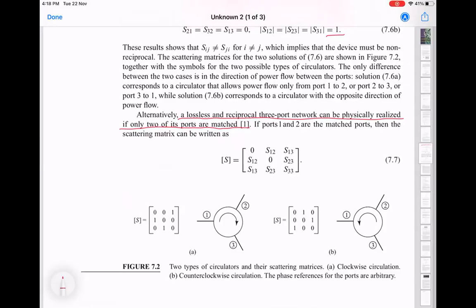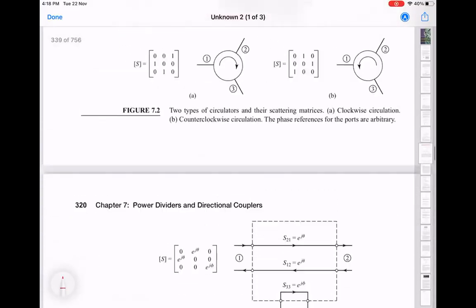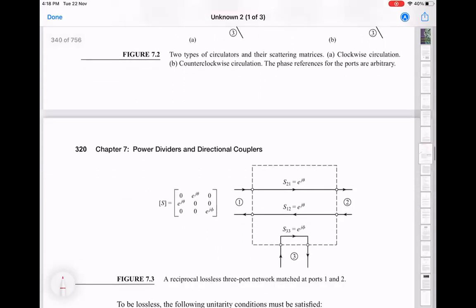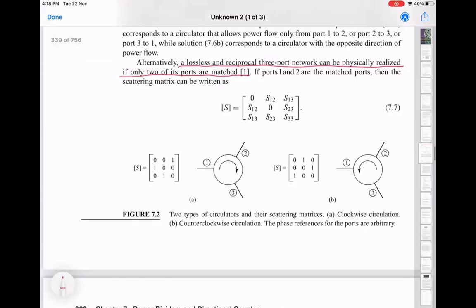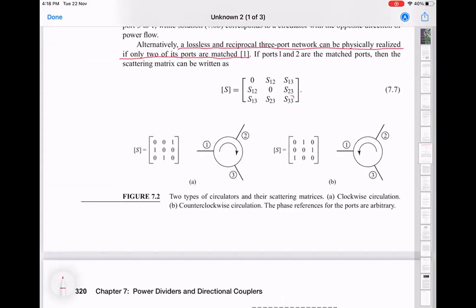So here we are relaxing the matching part on only one of the ports. And yeah, so you again start with this one. You leave this guy now non-zero. Unlike before, this was also 0.